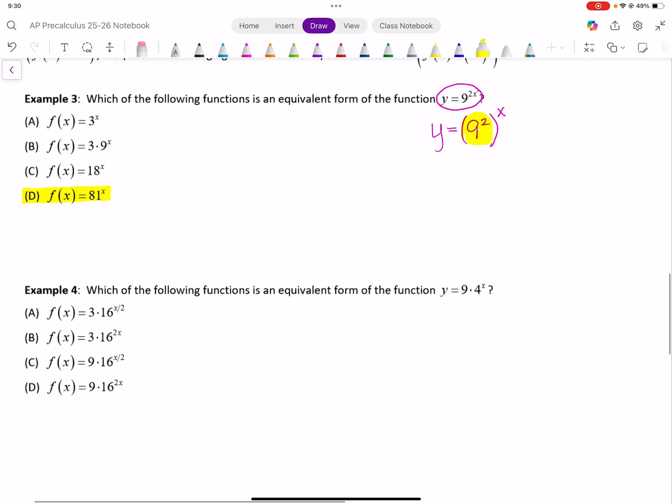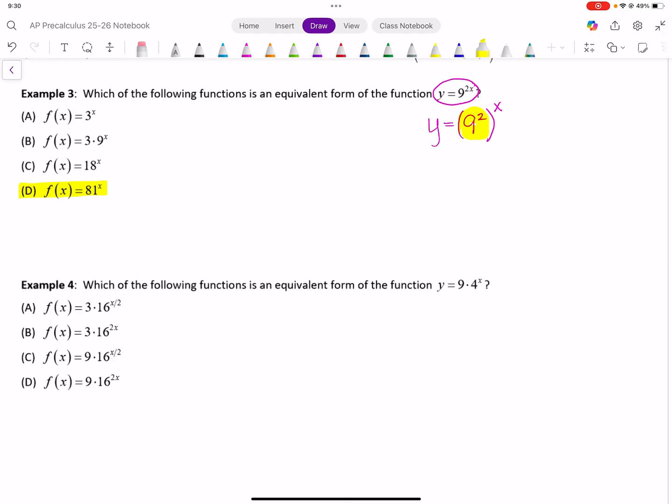Then example 4, we're actually going to go in the reverse order to think about which of the following functions is equivalent to y equals 9 times 4 to the x. So if you look at all of our answer choices, we can see that all of them have 16 with the exponent instead of the 4. So we want to think about how we can convert 4 to 16.